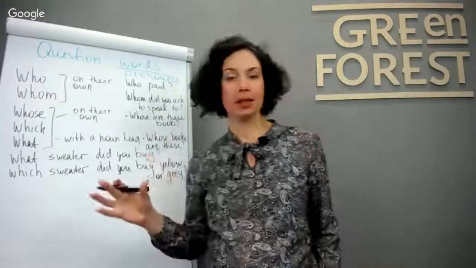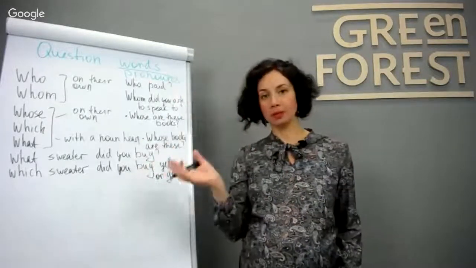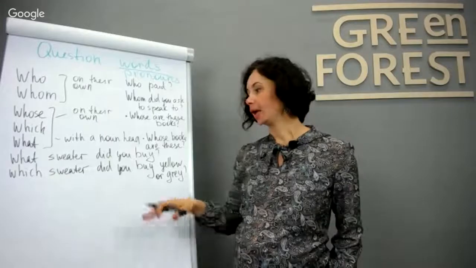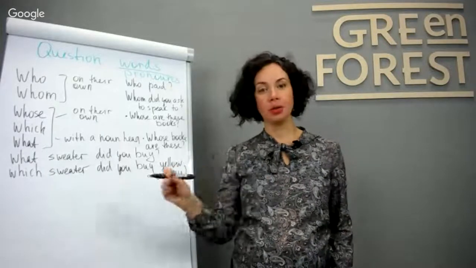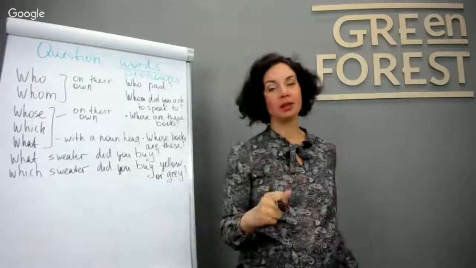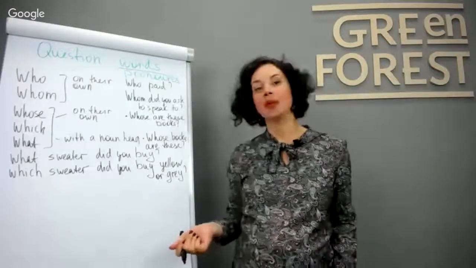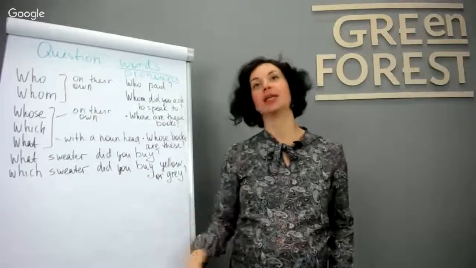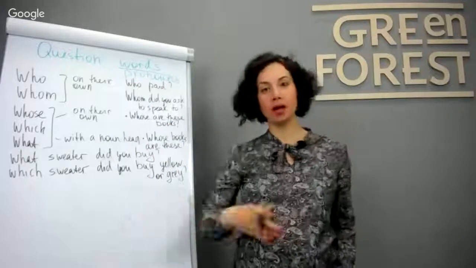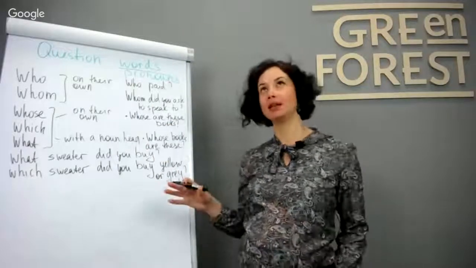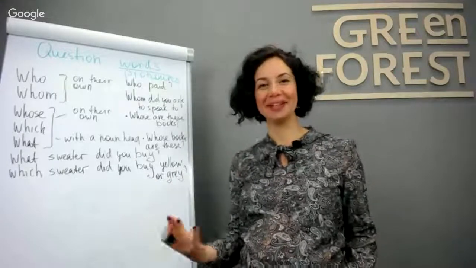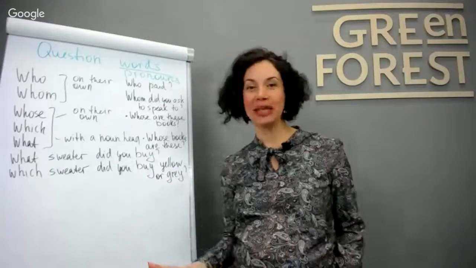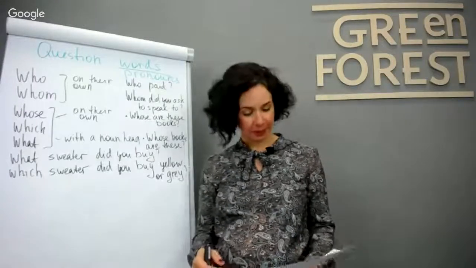So what is used more for something in general, and which is used for something specific, usually when we choose between things, like which color do you like, black or white? When we ask what color do you like, we ask from all colors, and the person says, I like navy blue. So this is quite a general question when we ask what, and which is quite a specific one.